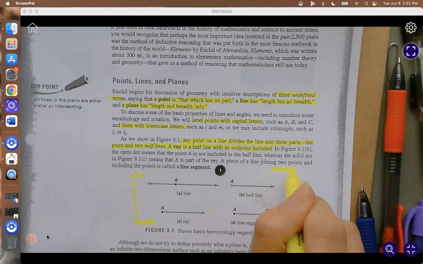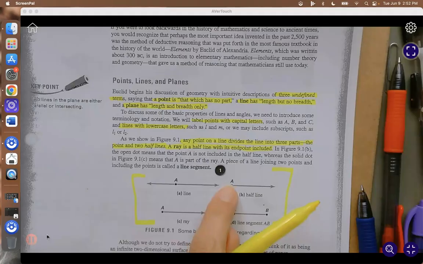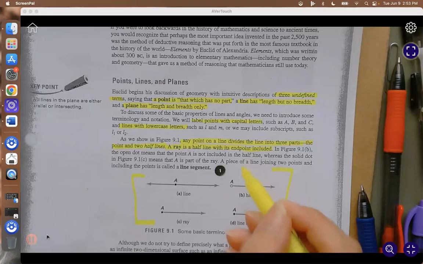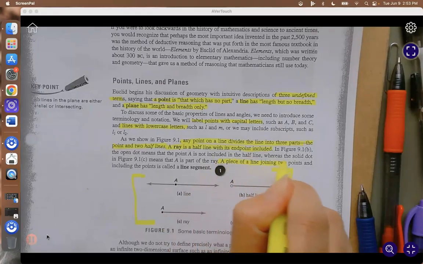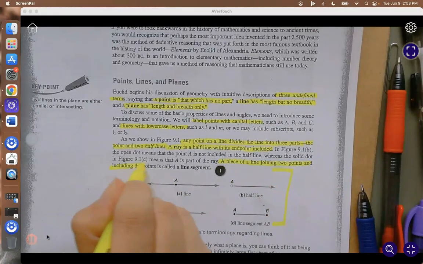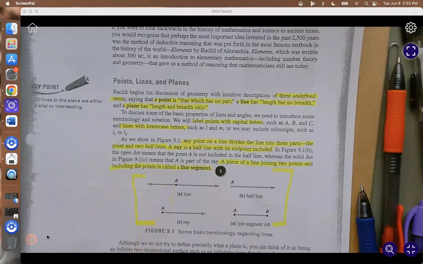Hopefully you remember what a ray is. It has an endpoint and then keeps going in one direction. This half line right here, the point would not be included. And this is a line segment. A piece of a line joining 2 points and including the points is called a line segment.